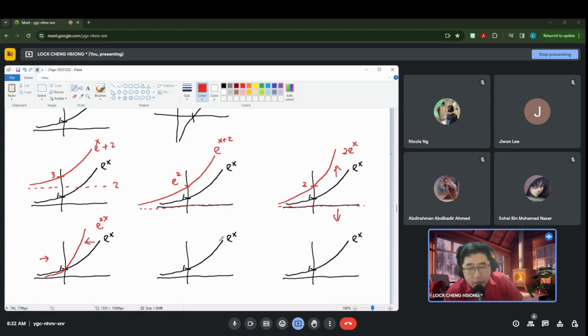If I have e^(-x), it will be like this. If I have negative e^x, it will be like this. This is exactly what you have learned before: reflection in the x-axis and reflection in the y-axis.